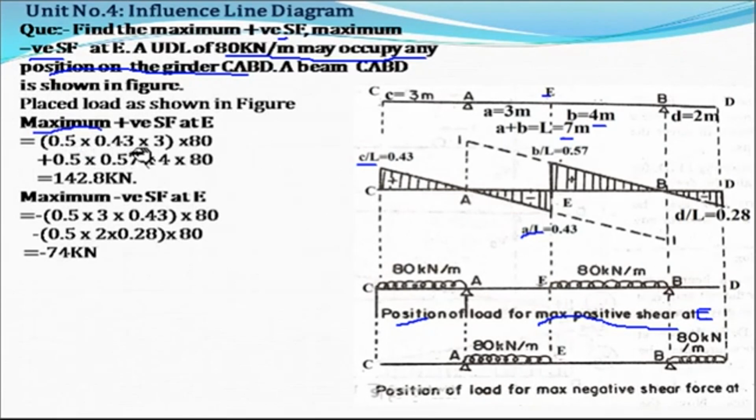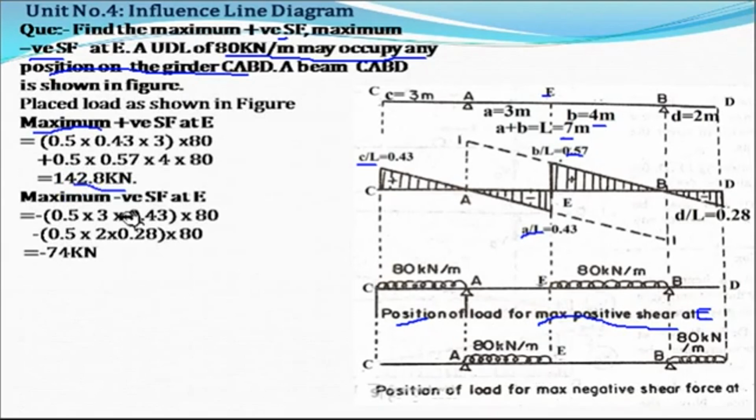So 0.5 into 0.43 into 3, and the loading is 80. Next, for this figure, 1/2, base is 4, this ordinate is 0.57, into 80. If we solve this, we'll get the maximum positive shear force at E.